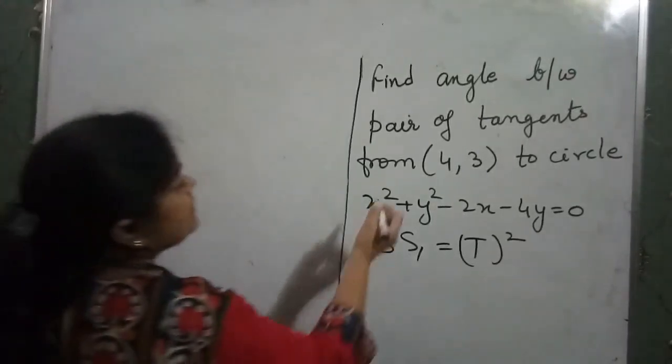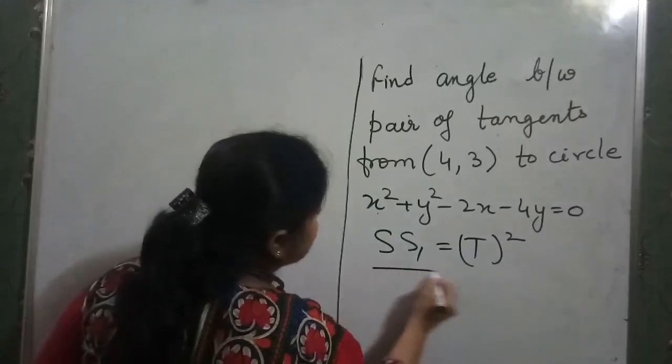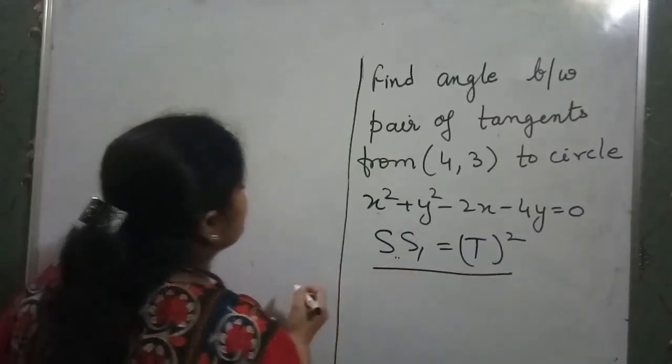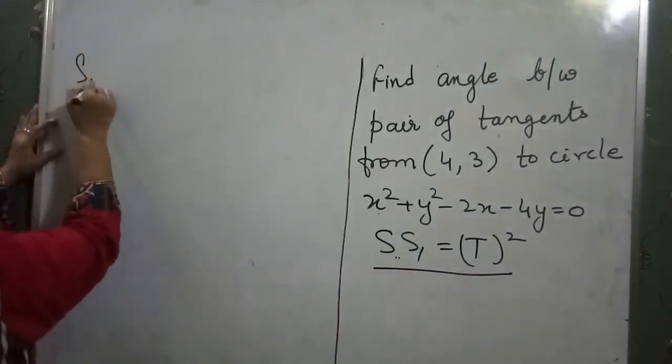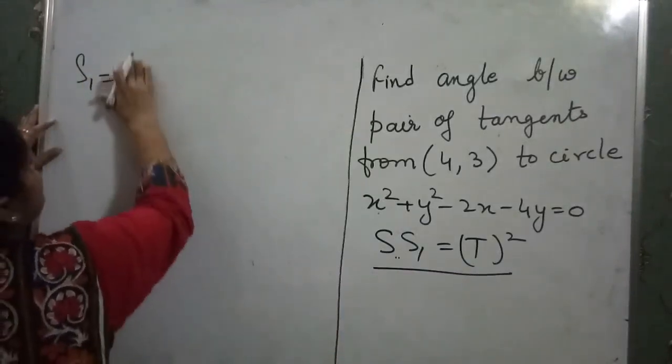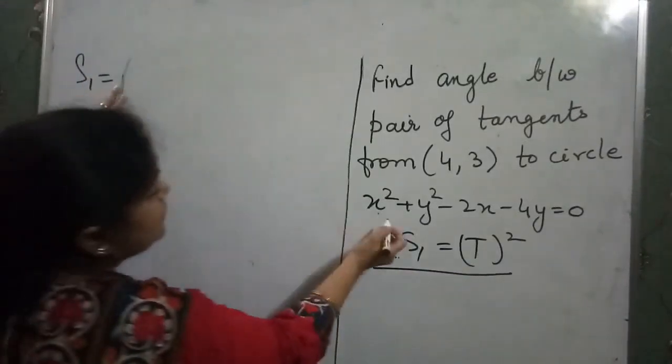For finding the equation of the pair of tangents, we have to use this formula. Now find out the value of S1 by putting the values of x and y in the equation.